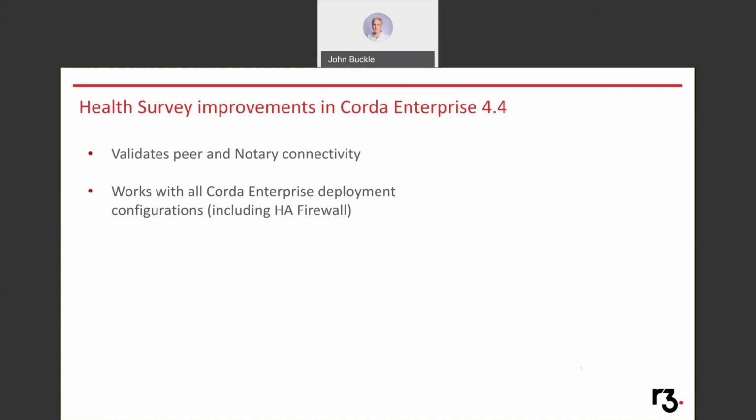Great. A new feature with Corda 4.3 and 4.4 is the certificate revocation list check. This was to allow the bridge to perform that check. So we now have a way to validate and make sure that your bridge can connect out to the CRL service. And just to clarify, this was a more secure way of performing that connectivity to the CRL as opposed to the previous way.